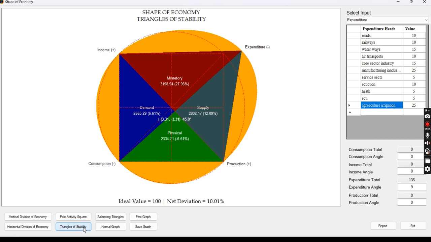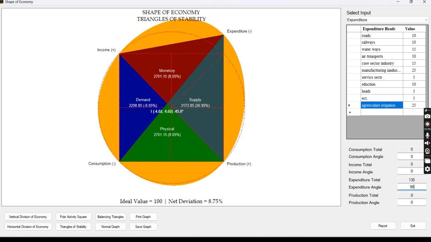We revert back to the comparison between the difference in angle, which has now been restored to 90 degrees, and the economic significance has also been told to you, how different values have changed in the changed square of economy.